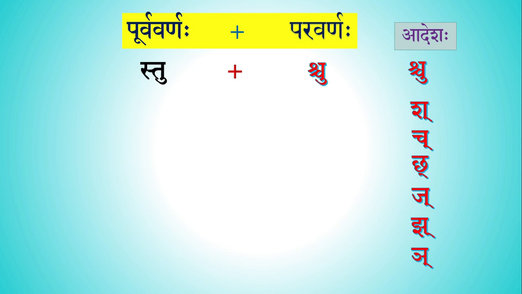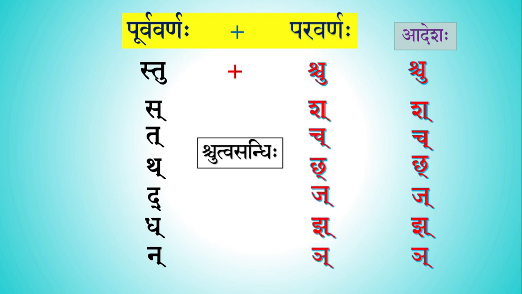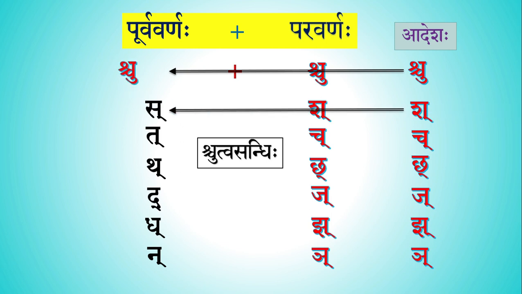Therefore, it is called as Shchutva Sandhihi. When we combine two words according to this sandhi, the letter occupying the position of Purva Varnaha disappears. Instead, in its place, its counter letter from this Chu group enters. For example, in place of Sa, Sha occupies its position.